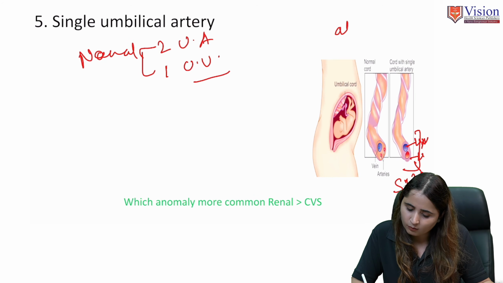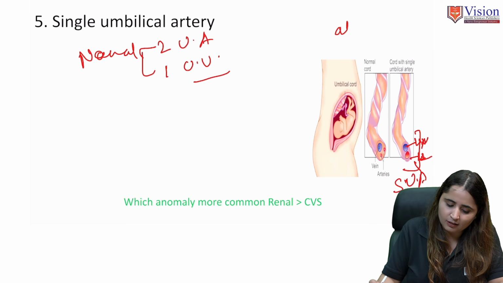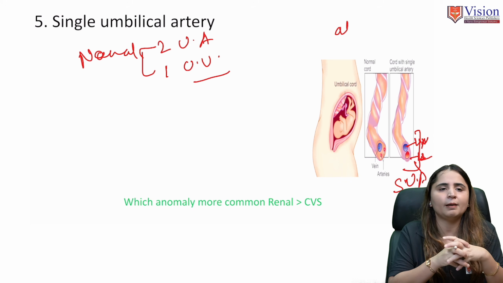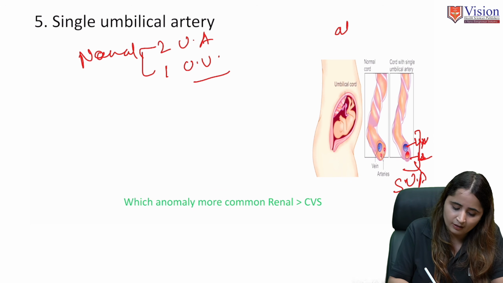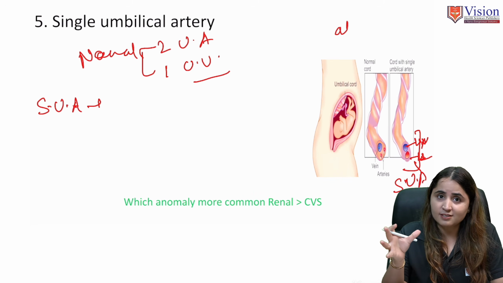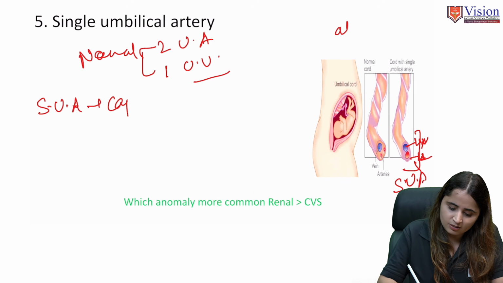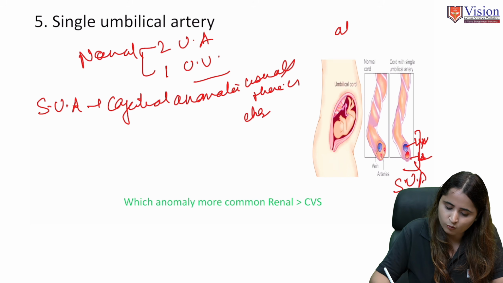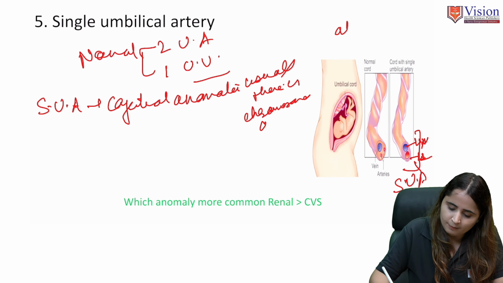In this condition, we usually diagnose it on ultrasonography. When we find on ultrasonography that it is a single umbilical artery, we need to find out whether there is a chance of congenital anomaly, and usually there is chromosomal abnormality.